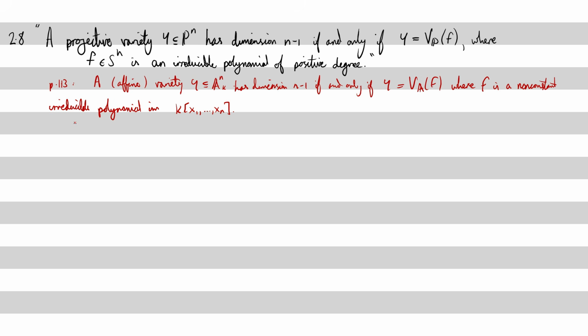Now a quick corollary of this. Let us have some prime ideal P in some polynomial ring k[x1, ..., xr].